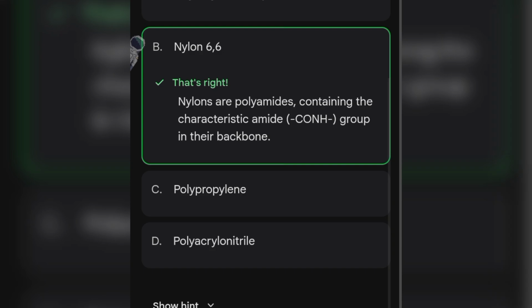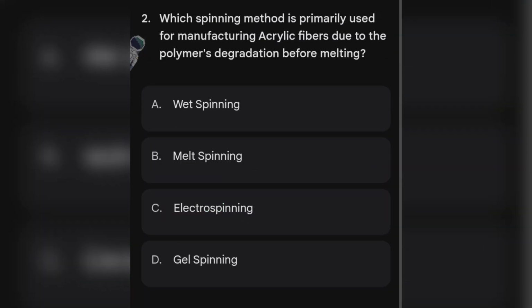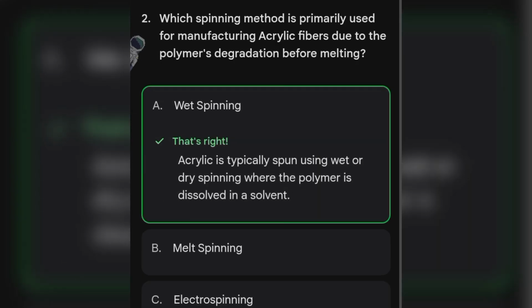Polypropylene, no. Polyacrylonitrile, no. Which spinning method is primarily used for the manufacturing of acrylic fibers due to polymer degradation before melting? The spinning method for acrylic fiber is wet spinning.